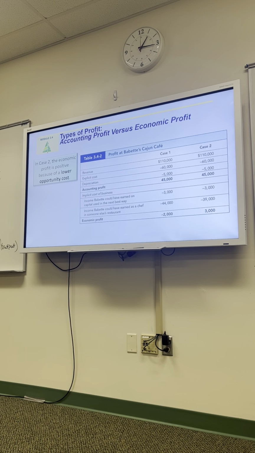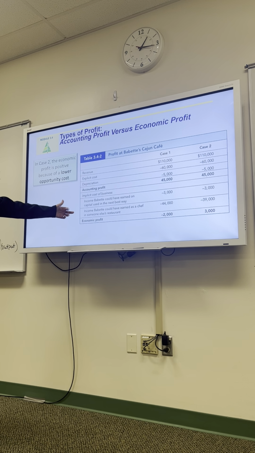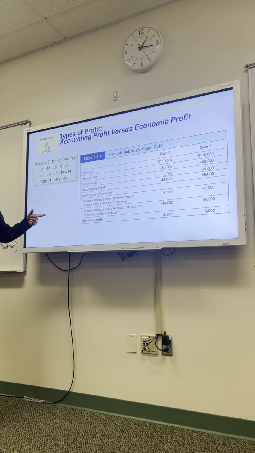All right. By the way, this Babette's Cajun Cafe example is in your textbook, and you can take a look at it. It's like two different cases, essentially, of a firm where the big difference is the implicit cost for Babette of being a chef in someone else's restaurant, right?